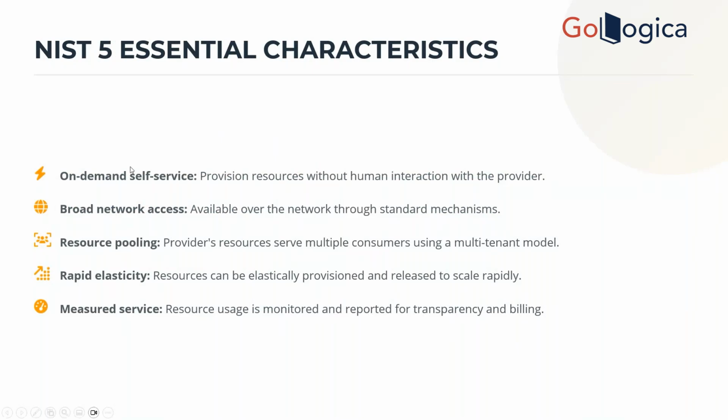It provisions services without human interaction with the provider. If we are automating things in the cloud, they will create and manage resources, and handle updates and upgrades automatically without human interference. That is on-demand self-service.